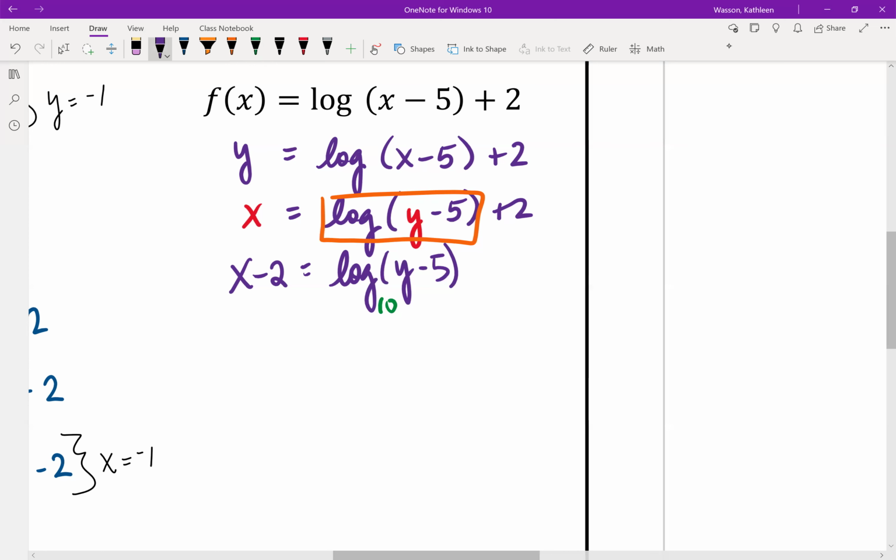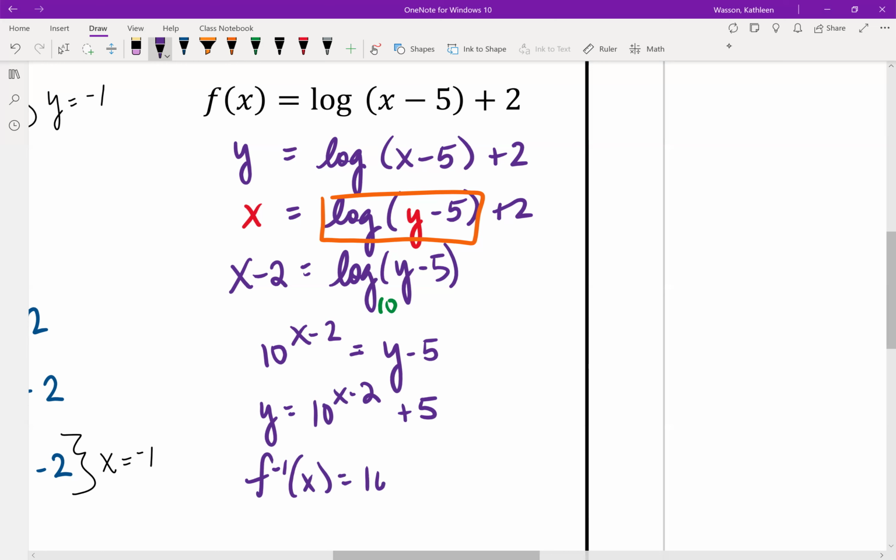So let's rearrange our equation as exponential, and I get 10 to the x minus 2 power equals y minus 5. Still solving for y, so I need to add 5, and I get y equals 10 to the x minus 2 power plus 5. And I'm finished. I can write this as inverse of f of x equals 10 to the x minus 2 plus 5.